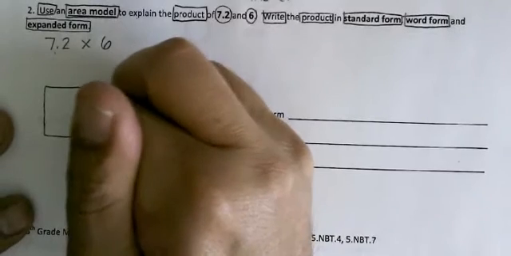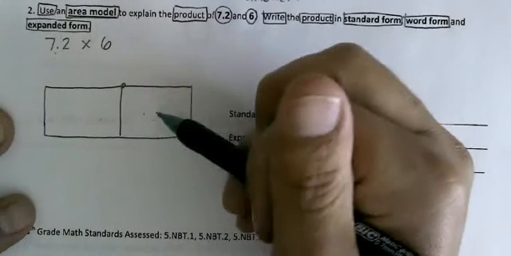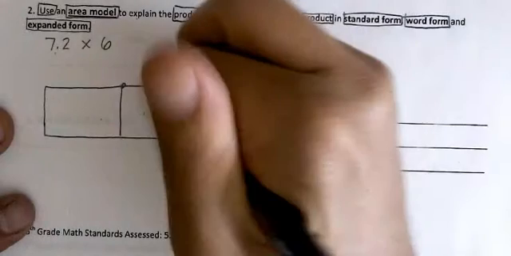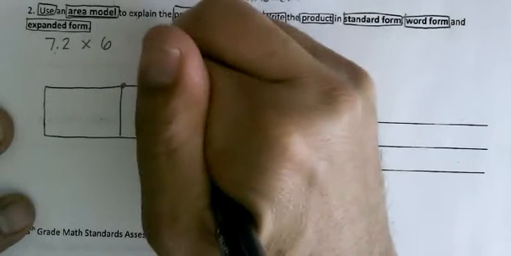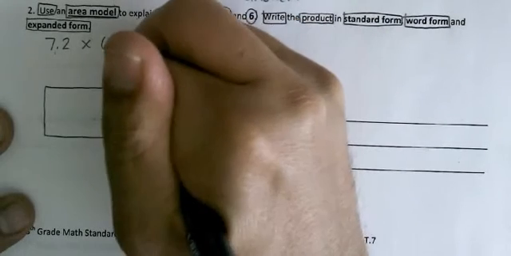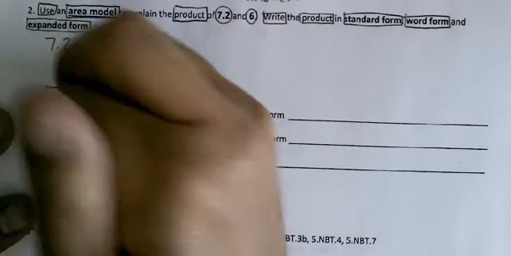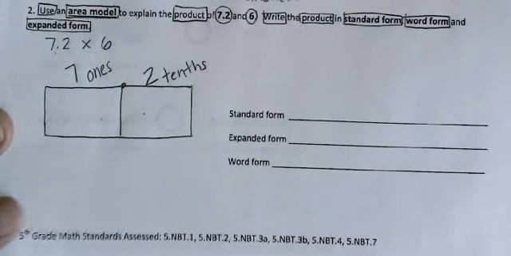So I know my decimal point goes right there. And I'm going to start in this box, which represents what place value? It should be the tenths, and we have 2 of them. And now we have the ones place value. And how many do you have? We have 7. And what are we doing?